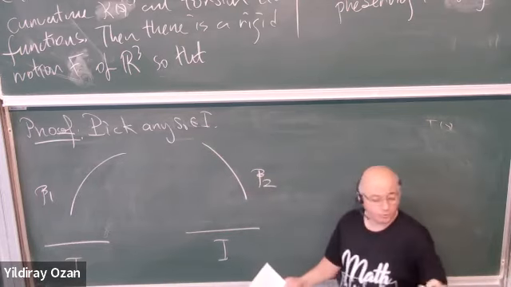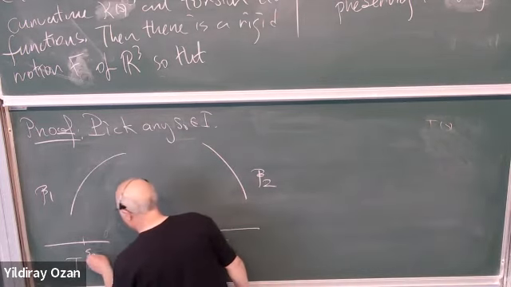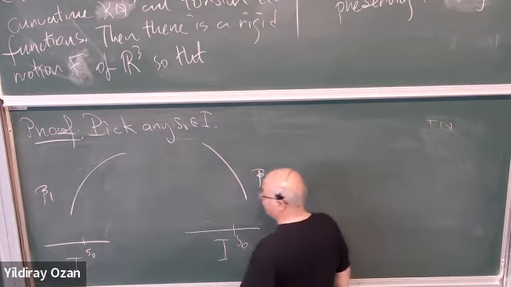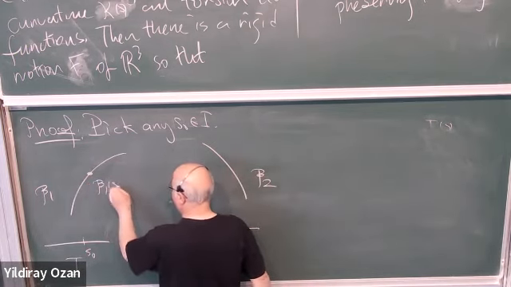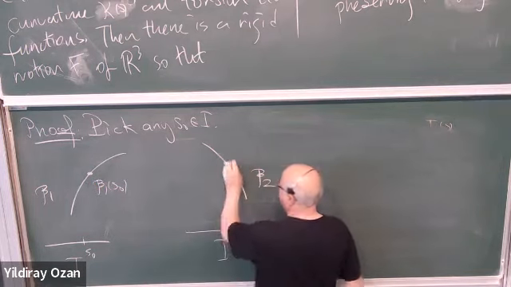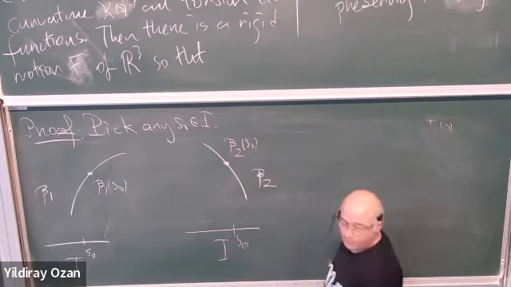They have the same torsion and curvature functions. I just picked a point, the same point. So here I am at the point beta 1 of S0, and here I am at the point beta 2 of S0.